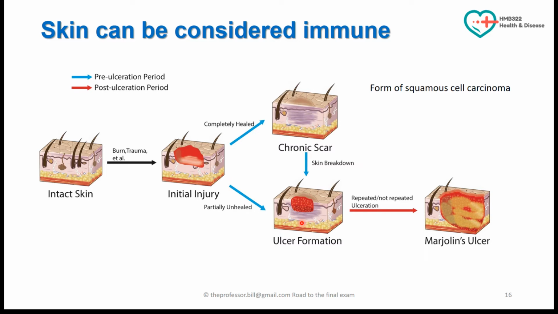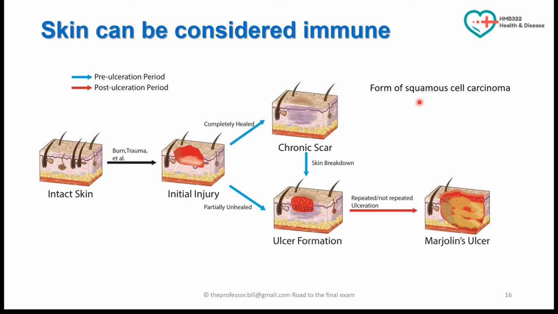The problem becomes when you have not completely healed this damaged area, this initial injury persists, the skin doesn't repair itself, this ulceration is lasting, and then if you continually damage that area of the skin or it's not healing fast enough and it's continually being exposed to different microbes or other factors, this can lead to what is known as Marjolin's ulceration or Marjolin's ulcer.